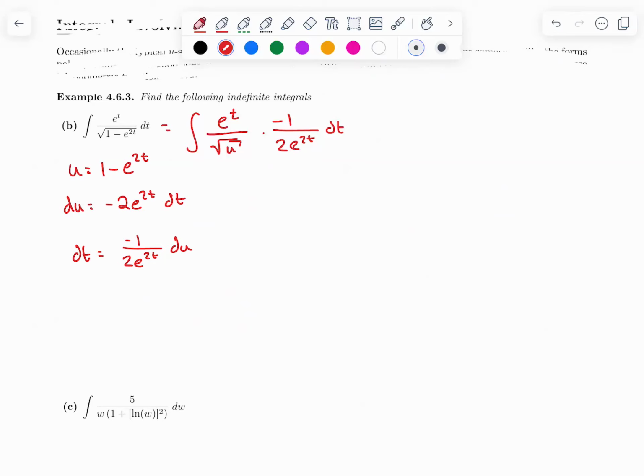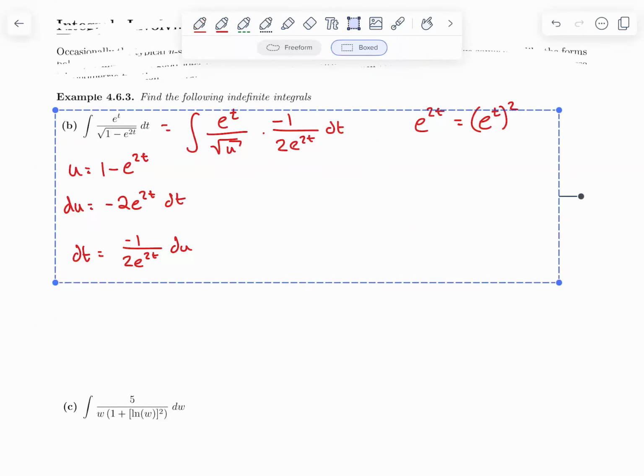Now that's okay. Here's one observation: e to the 2t is the same thing as e to the t squared, because remember, when you have a power raised to a power, you multiply the powers. So yes, you could cancel one of the t's, but that wouldn't get rid of the whole thing and would cause problems. So this is not the right call.